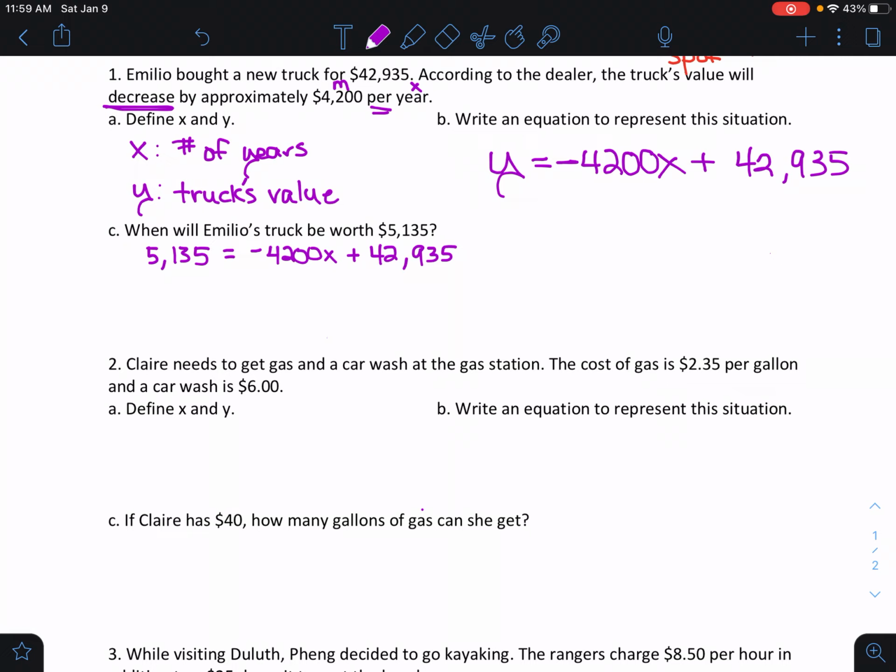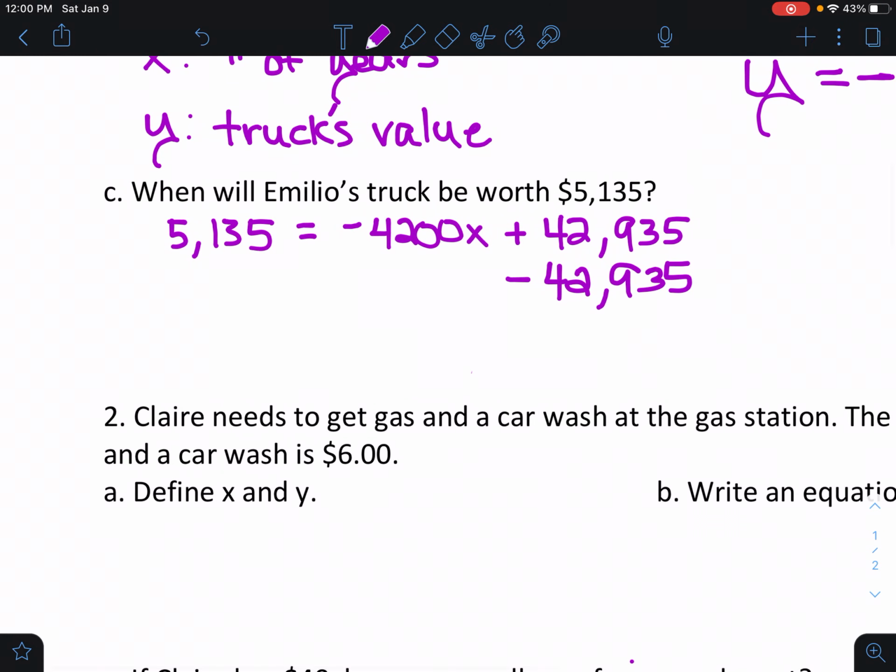Okay, so now I want to solve for x. We want to find how long that's going to be. It says when will this be worth $5,135. So step one is I need to get rid of this. In order to do that, I have to do the opposite. So I'm going to subtract 42,935. If I do that on one side, I have to do that on the other side of the equation as well. So minus $42,935.